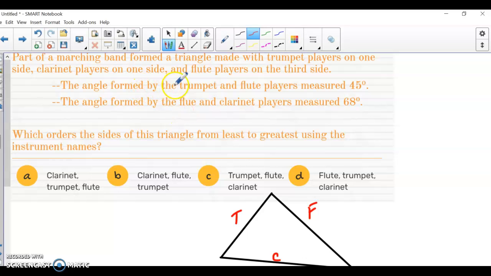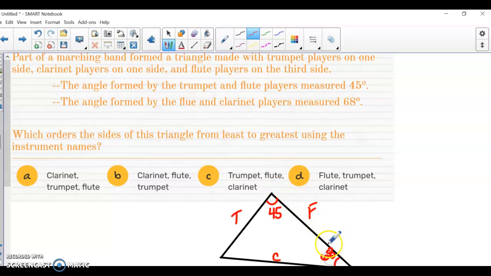Then it's telling me the angle formed by the trumpet and flute player. So if I follow trumpet and I follow flute, this is the angle made by those two. This is measuring 45 degrees. The angle formed by the flute and clarinet, they come together down in this corner, measures 68. Which orders the sides of the triangle from least to greatest using the instrument names?